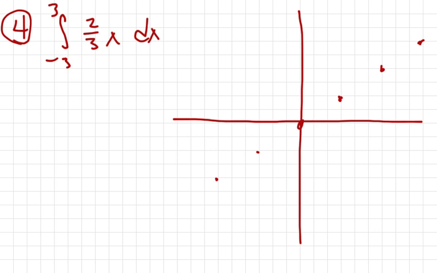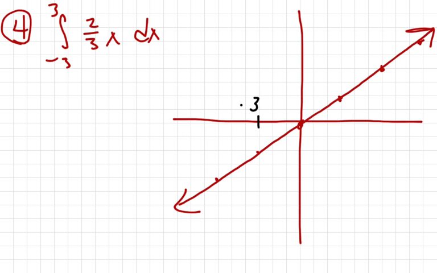So that's going to look like this. And I'm calculating the area from -3 to +3. Now, this is the area between the x-axis and the curve, so down here and up here.